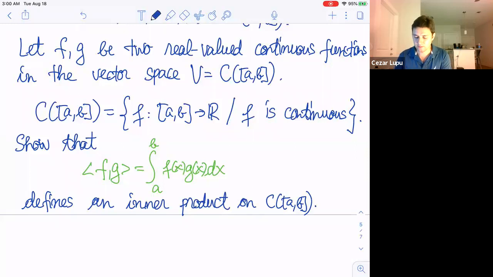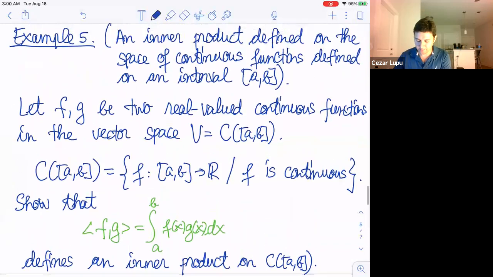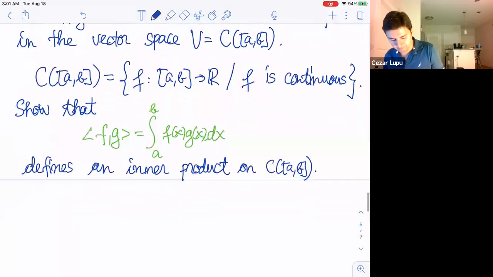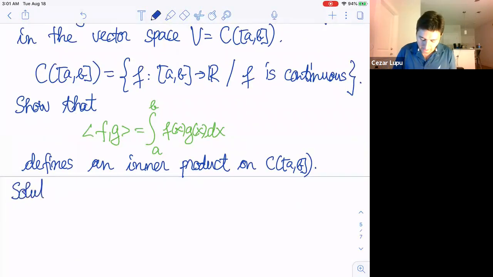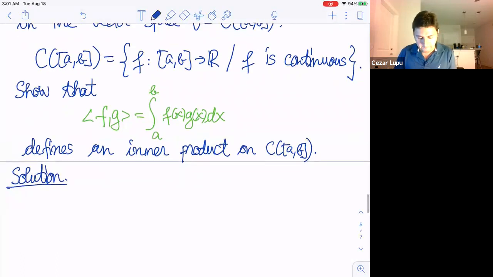Okay, right? So like I said, this is the first time when we introduce some calculus. I want you to look at it. And again, once you look at it, we have to verify those 4 axioms again, right? So the first one was to show that it's symmetric.